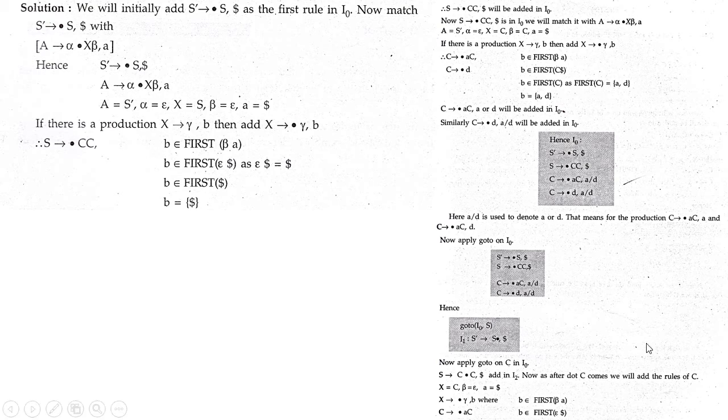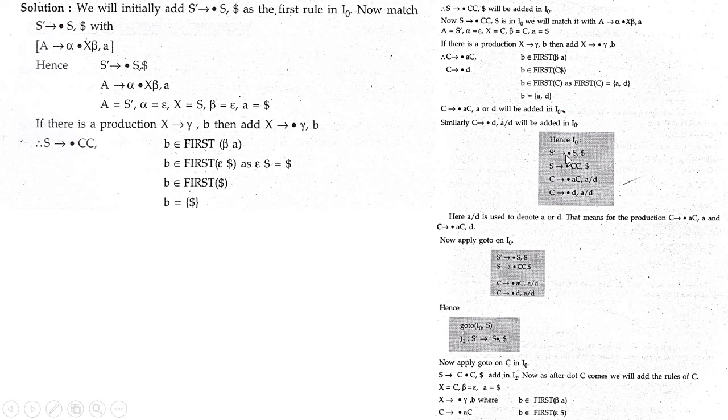Now once we finish this, let us look at the production of this. If you say S dash derives dot S, this dot should jump forward, so it should be S dash derives S dot.